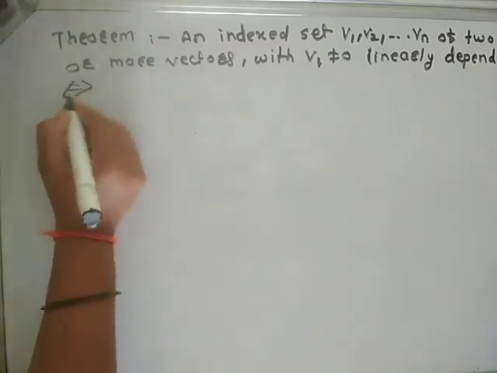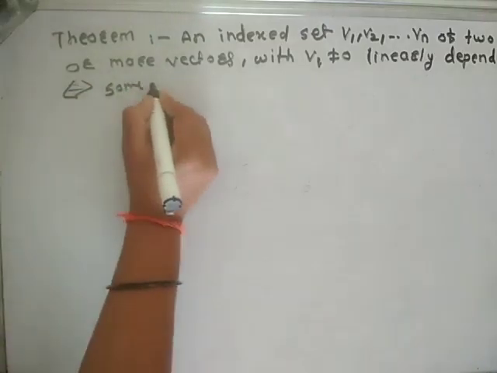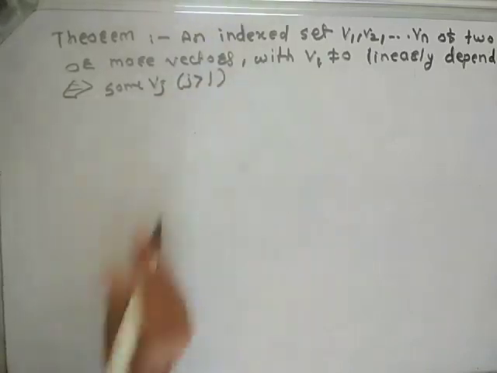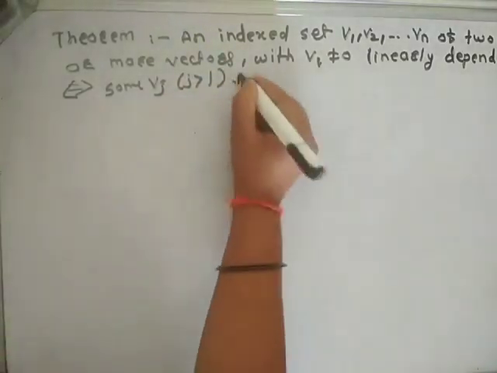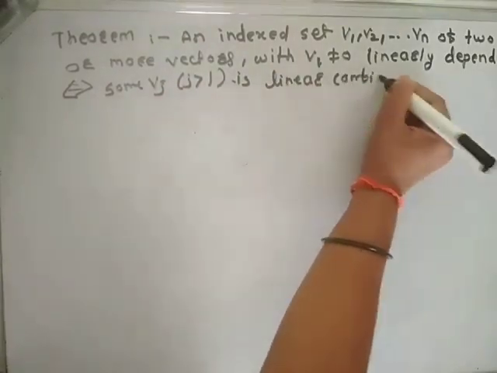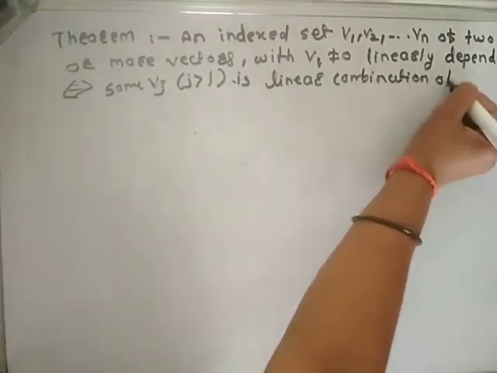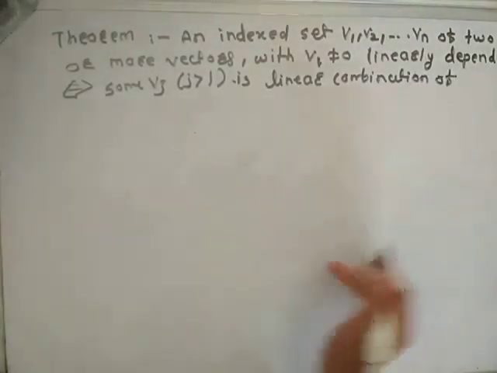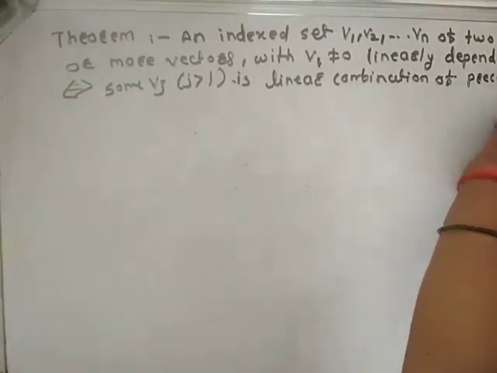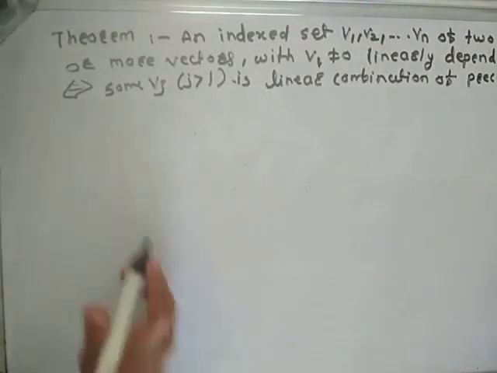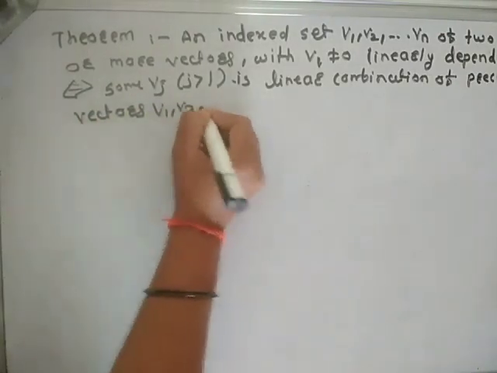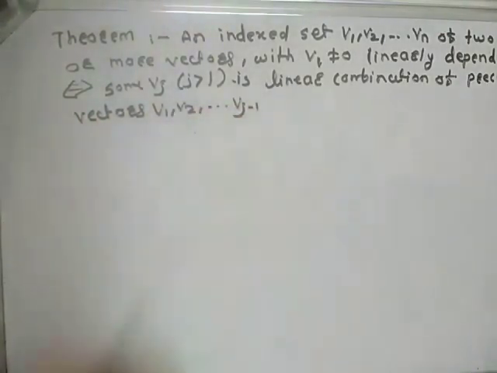if and only if some Vj, with j greater than 1, is a linear combination of the preceding vectors V1, V2, and so on up to Vj minus 1.